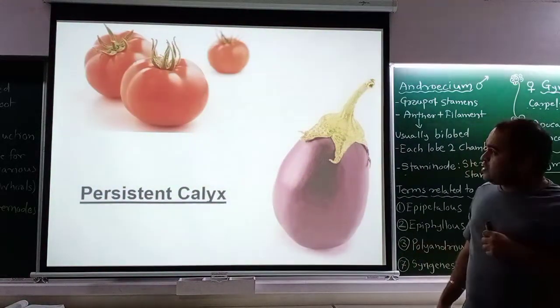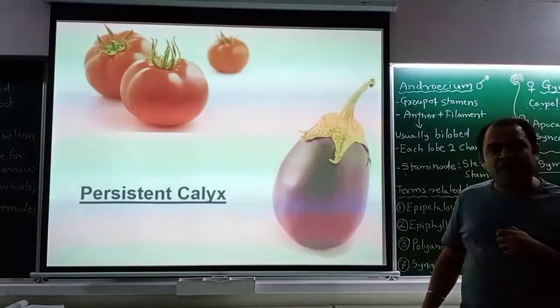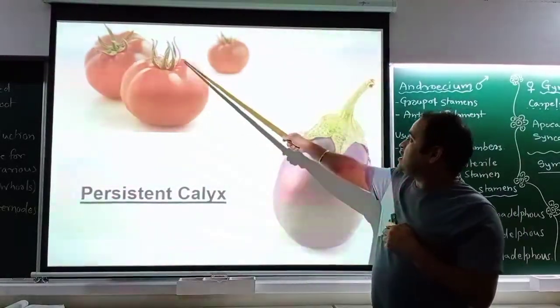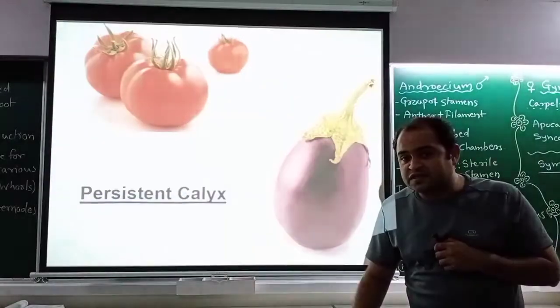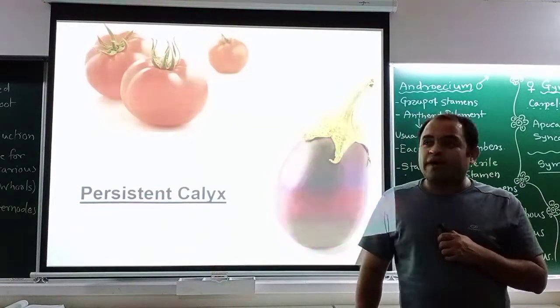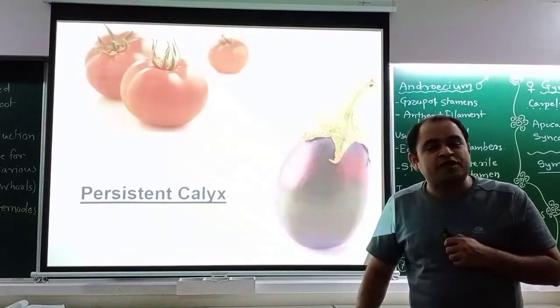Okay. Another modification I would like to show you, a typical variation I can say. This particular calyx is green. It helps in photosynthesis, but sometimes there is a necessity for the plant to make that green calyx colorful. Why should it be colorful?